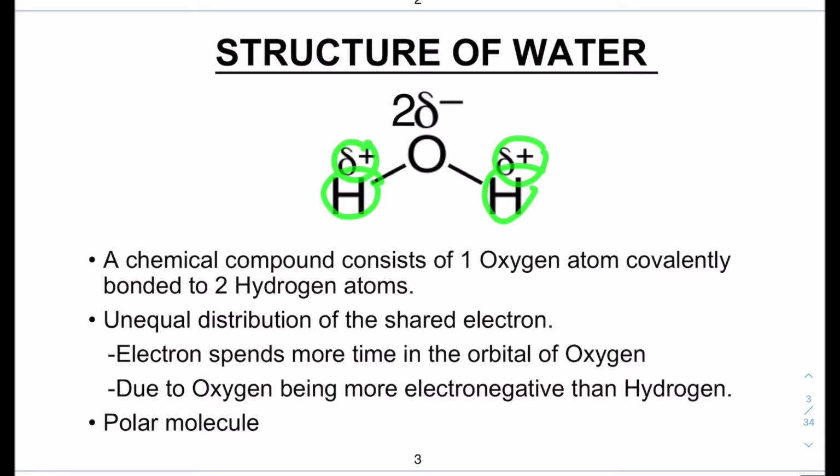Okay, so disebabkan this unequal distribution of the shared electron lah. Okay, so ini disebut sebagai polar molecule, di mana dalam satu molekul ini, ada kawasan yang negatif, ada kawasan yang positif. Okay, so itu adalah structure of water.